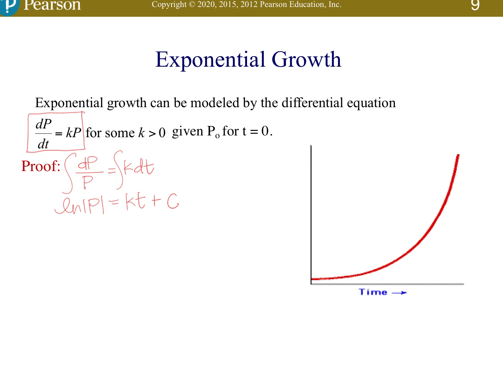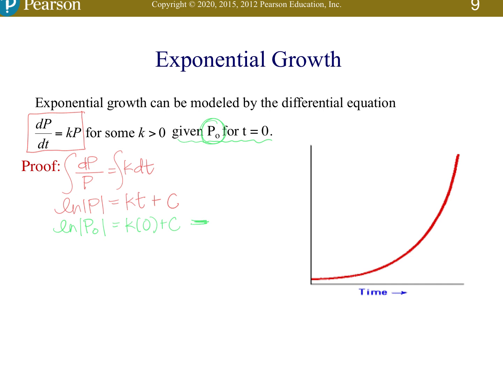Now, we can find our c with our initial condition. We've been given the initial population P sub 0 when t equals 0. So we can say the natural log of P sub 0 is going to equal k times 0 plus c.